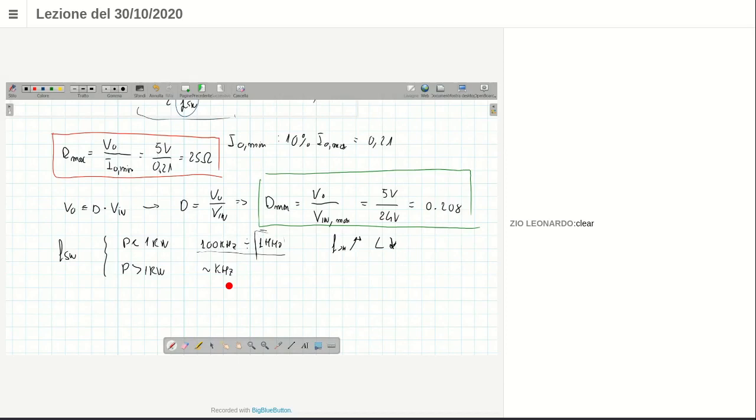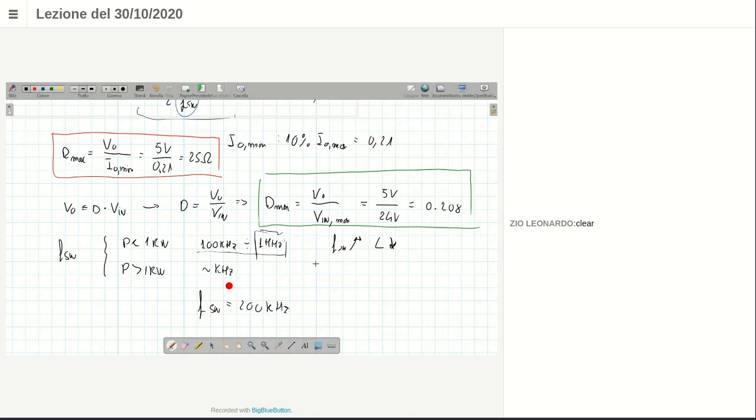Either way, also in order to avoid specific challenges, a good compromise that we will follow in these exercises is to choose a switching frequency of 200 kilohertz. By the way, the choice of the switching frequency is not a trivial task. It should be done considering many requirements.